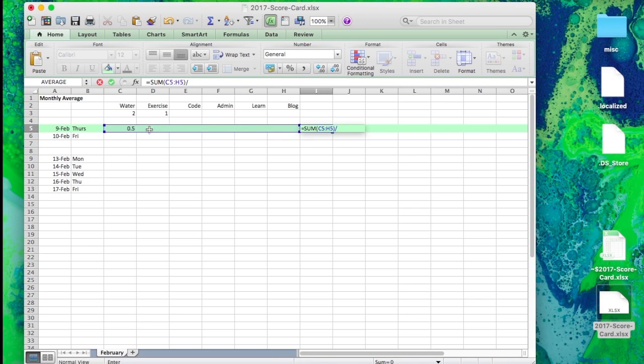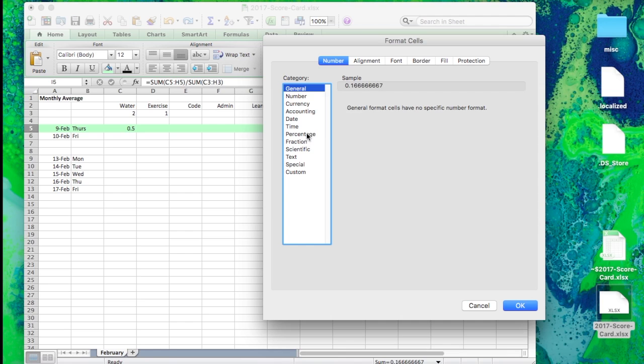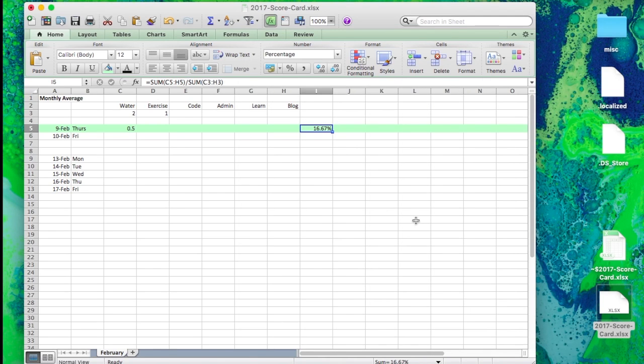So I'm going to add up the points for that day and divide by the total goal amounts that I have here, and format this as a percent. There we go. So as I add different weights, you can see that percentage is going to go down because I'm adding more goals for myself that haven't been done for that day.